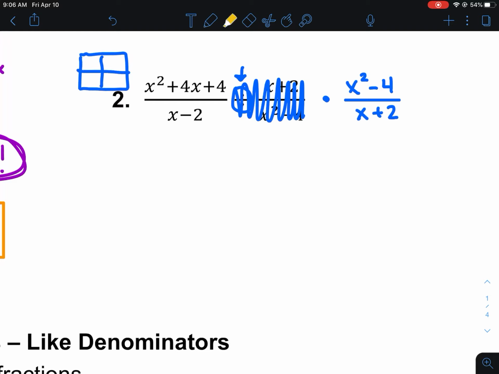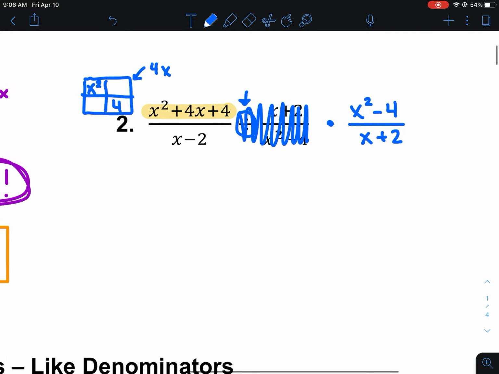Okay, I'm going to see if I can make a factor box with this piece right here, or what multiplies to give you 4 that adds to give you 4. And that's 2 and 2. So x plus 2 and x plus 2.